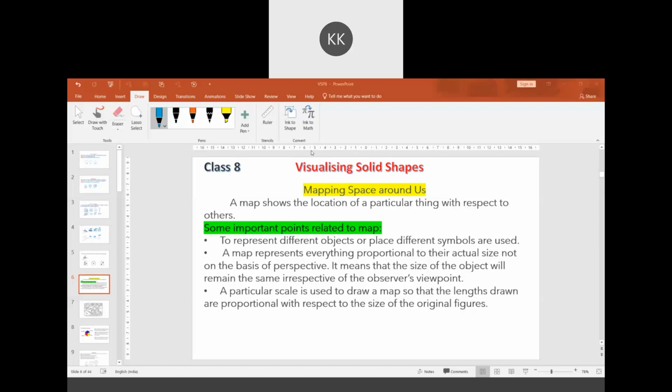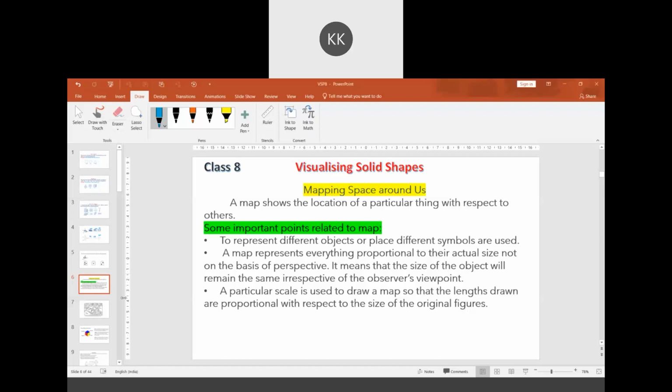You have come across an atlas. In the atlas, when you look at the maps, it's not the actual map, it's only scaling done. You must have seen 1 centimeter equal to so many kilometers mentioned. And you also see some triangles and some symbols used to represent mountains, minerals, and the type of crop they grow.